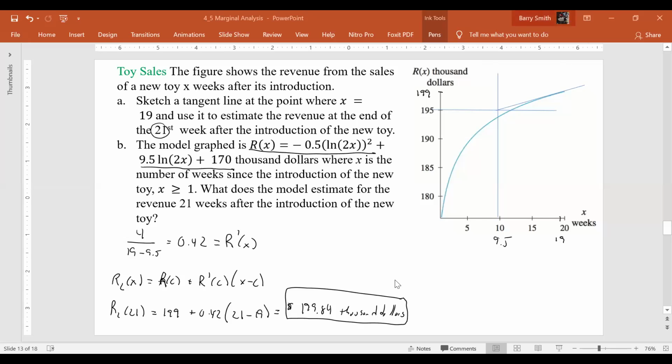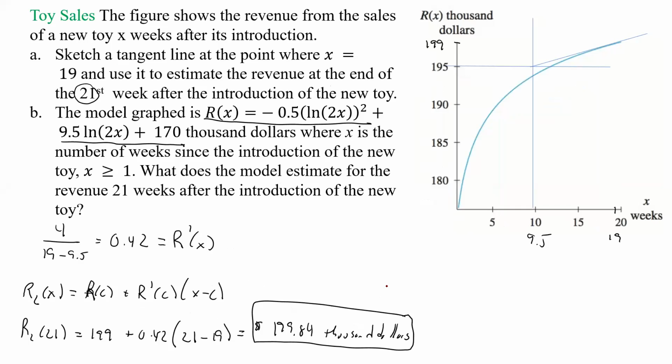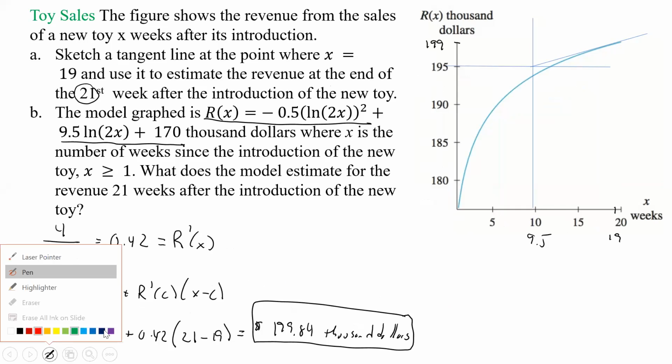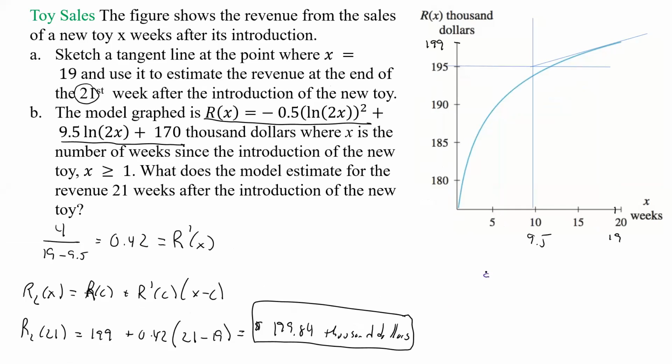Let's make this big again. So for part B, we get 199.64, and that's plugging it into this equation here. Although, I guess we should have used 0.5 instead of the 0.42.